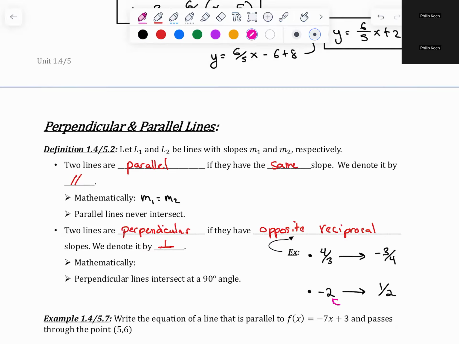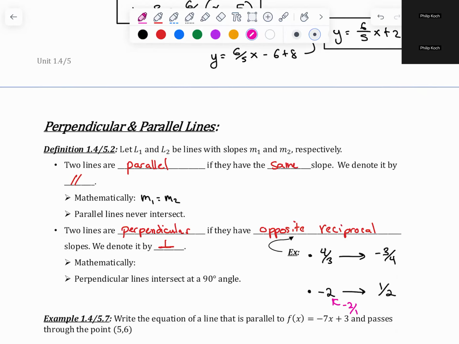Because remember, you can treat anything as over 1, so any number can be written as a fraction. Just a key note about that. So if your slope is -2, that's -2/1, so the opposite reciprocal would be positive 1/2.